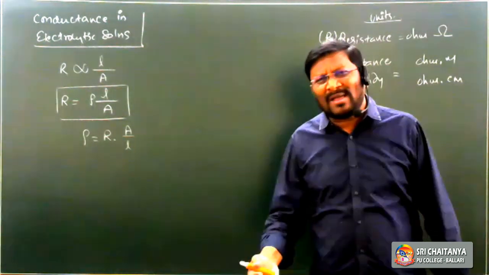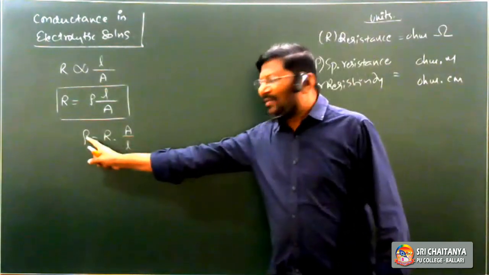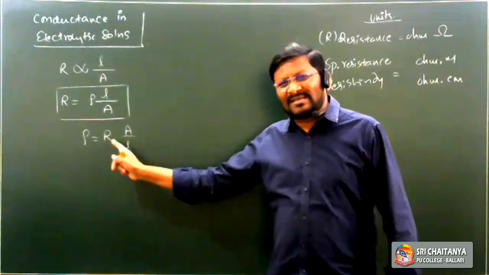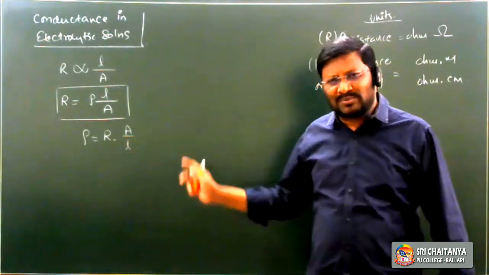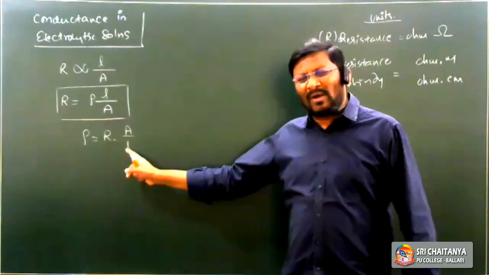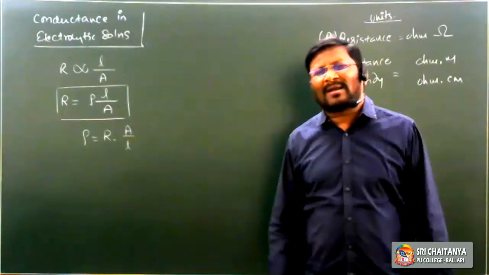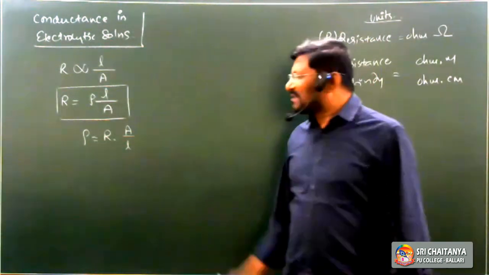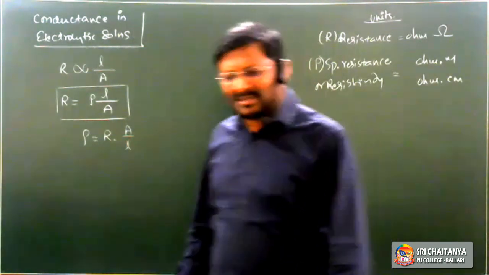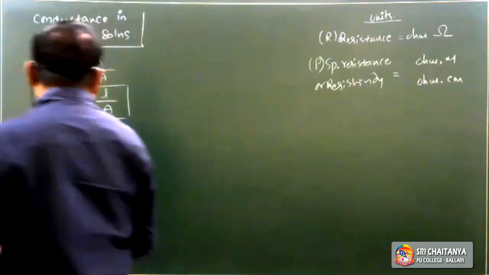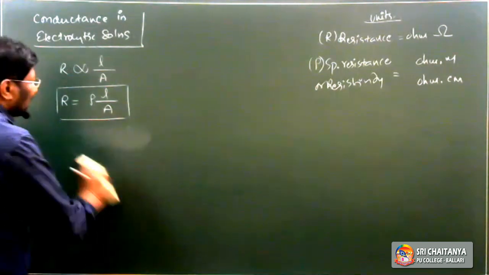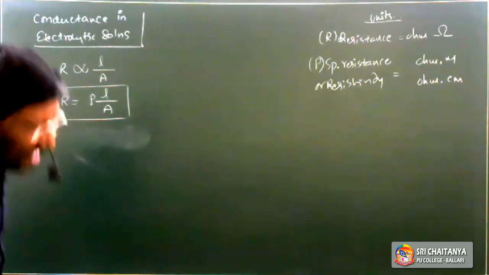The rho is nothing but the resistance offered by an object which is 1 meter length and having 1 meter square area of cross section. Like that you can say. So this is the definition. You can write like that.